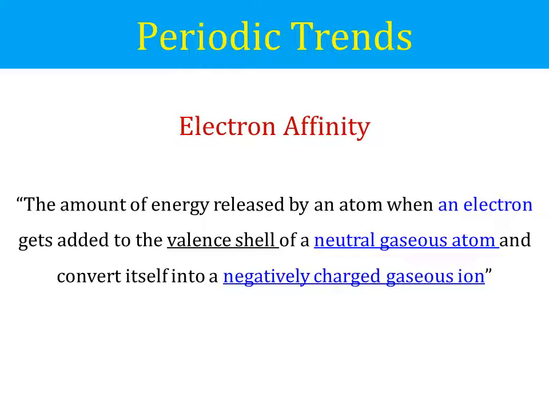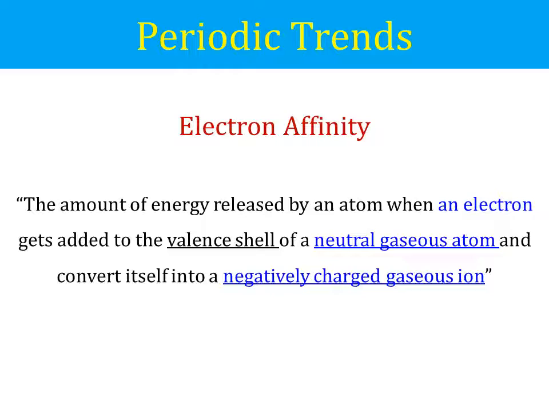And if the number of protons and the number of electrons are not the same, where the protons dominate and are greater in number compared to the number of electrons, then it will lead to the formation of cations.